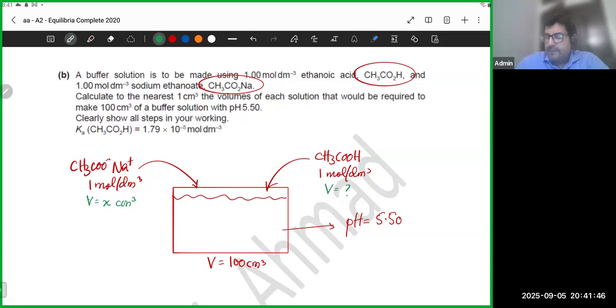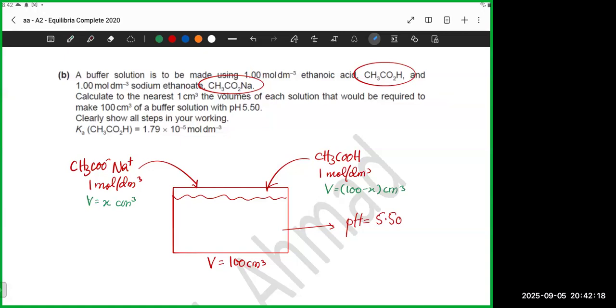So what would be the volume of the other, of the weak acid that you're mixing? That volume would be 100 minus X cm cube. So listen to this carefully: since the total volume is 100 cm cube, if I take this as X cm cube, then the other one would be 100 minus X cm cube. Is this part clear? Professor, middle, Hala, is this clear? Very clear? Yes.